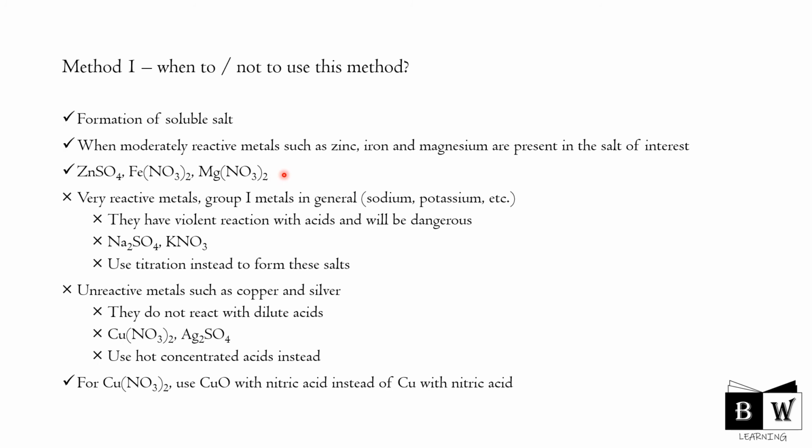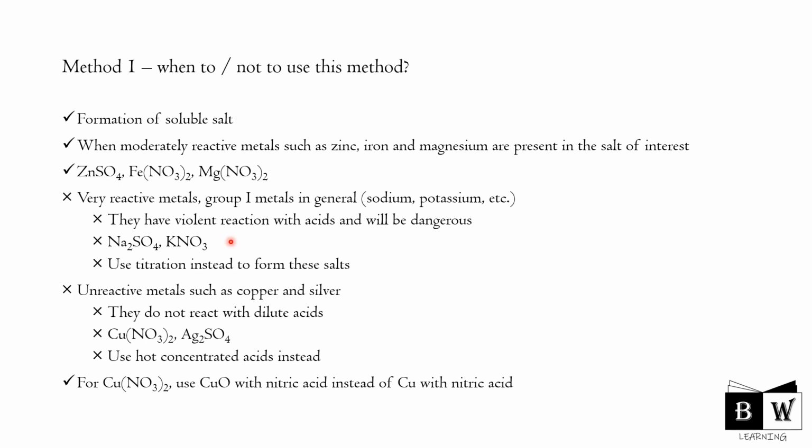However, this method is not suitable if we are forming salts that contain reactive metals, and examples would be sodium sulfate, potassium nitrate, basically group 1 metal salts. This is because in method 1 of salt preparation, we actually react the metal with the acid as one of the options.